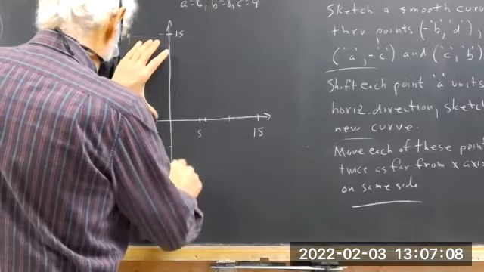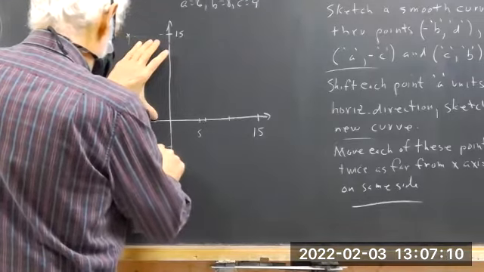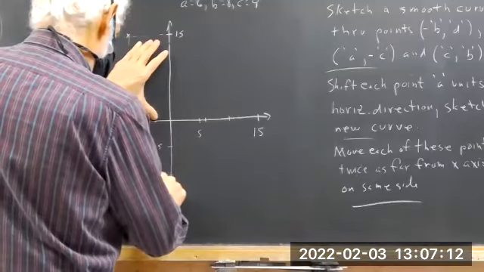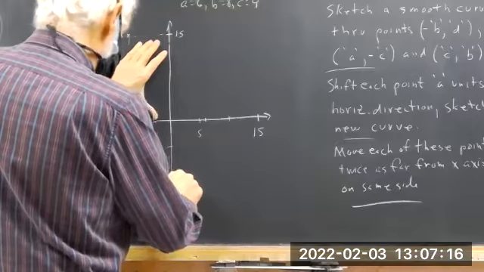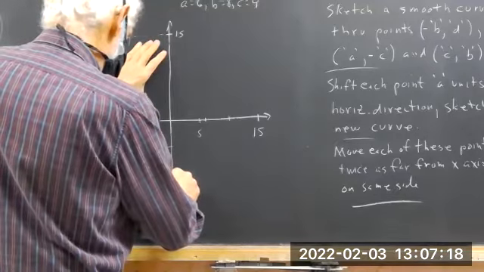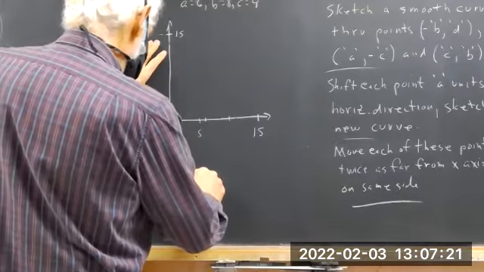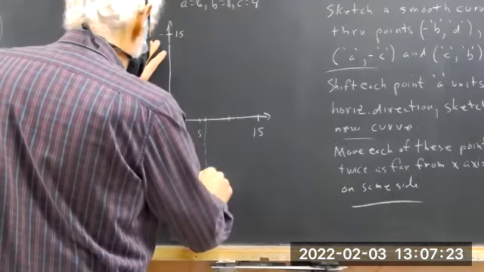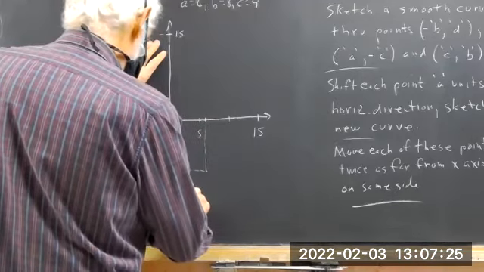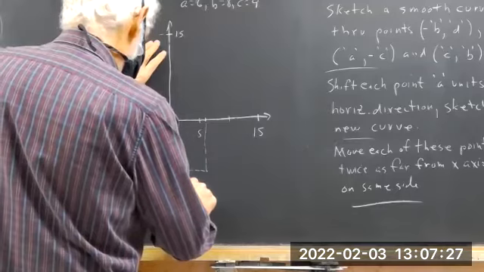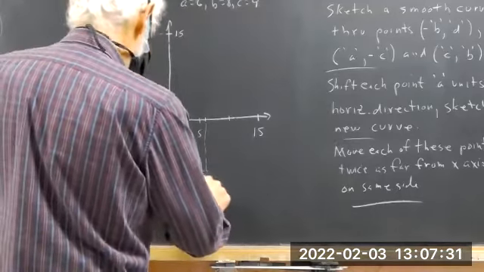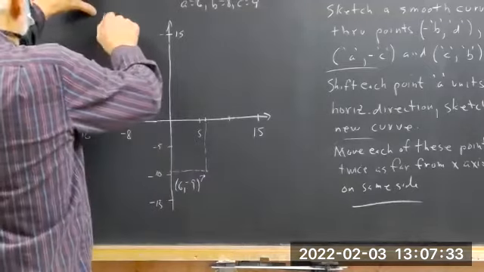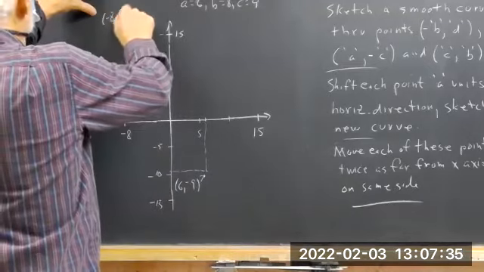So now I can get negative 5 and negative 10. And negative 9 would be about here. So we can see that this looks like it's probably 6, negative 9. And this is negative 18.